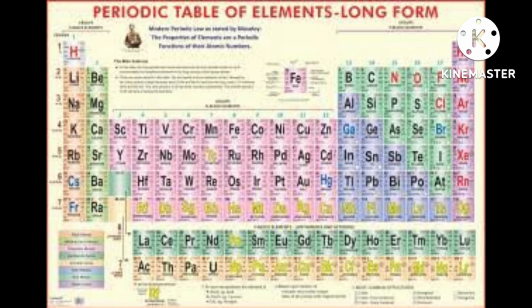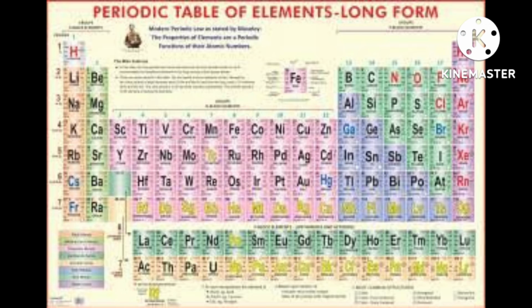Elements having similar outer electronic configuration in their atoms are arranged in vertical columns, that is, in groups. What is the difference between period and group?